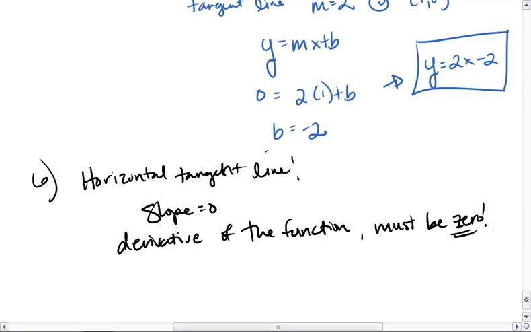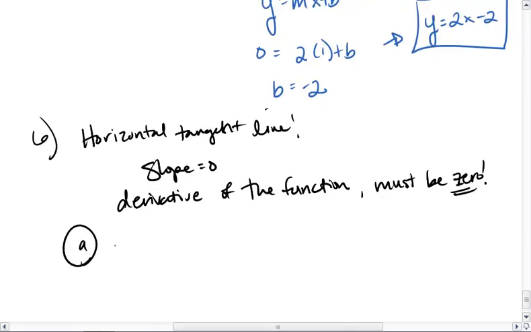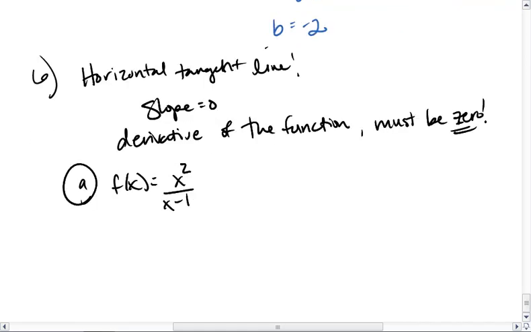Okay. For part A, we have f of x equals x squared over x minus 1. We're going to use the quotient rule.